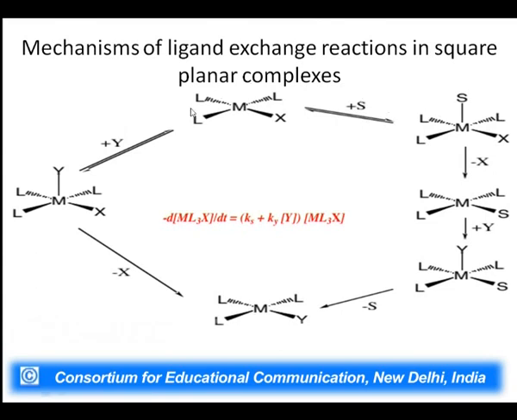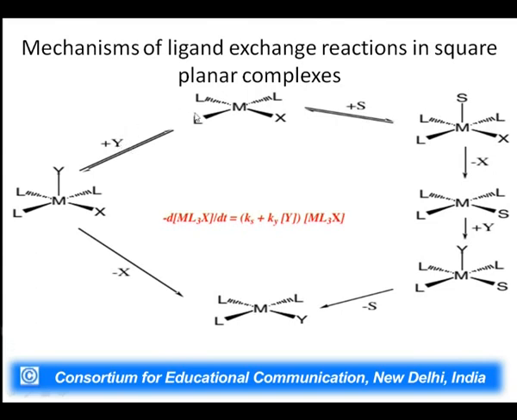One is that the incoming ligand attacks the square planar complex and forms a square pyramidal, five-coordinate intermediate, from which the leaving group X, which is being substituted, leaves, and we get the final product where X is substituted by ligand Y. In this case the rate of reaction depends upon ML3X as well as the entering ligand Y.